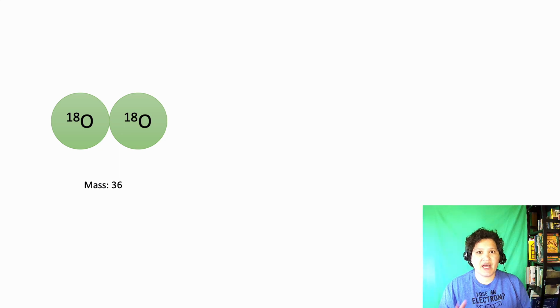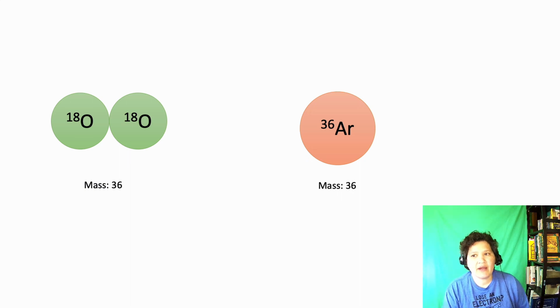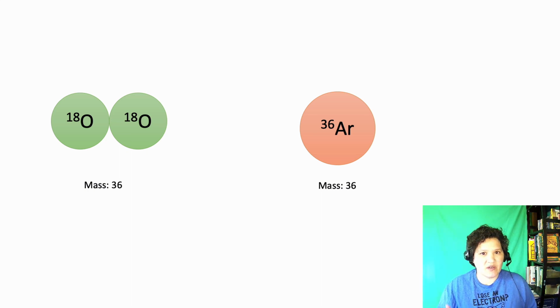So that's how we could measure. Now, there was a problem, which is that molecules made up of two oxygen 18s are not the only thing that has a mass of 36. Specifically, our atmosphere contains argon. Most of it is argon 40, but there's a reasonable amount of it that is argon 36. How do you deal with this?